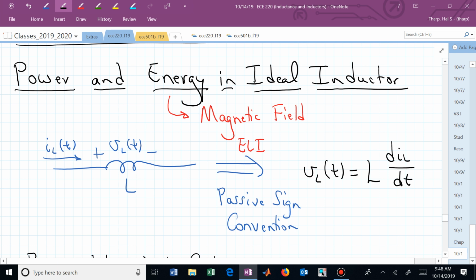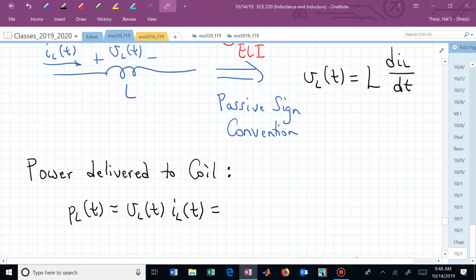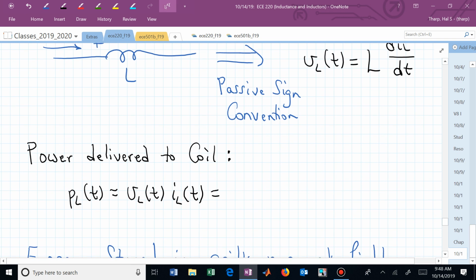If that's now our voltage, we now have a way of writing the power delivered to a coil. The power is just the product of the voltage and the current of that circuit element. The voltage is now L di sub L dt, and the current is i sub L.